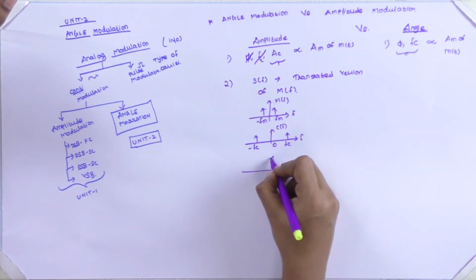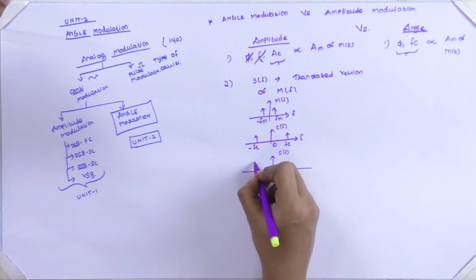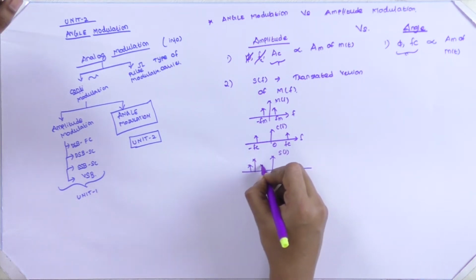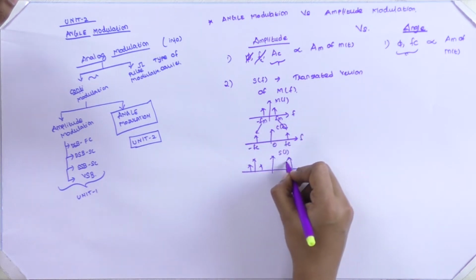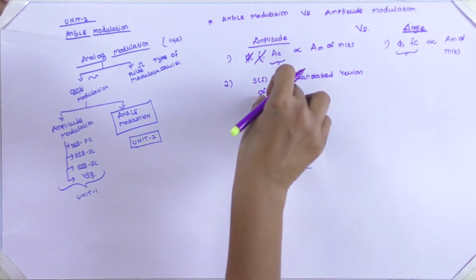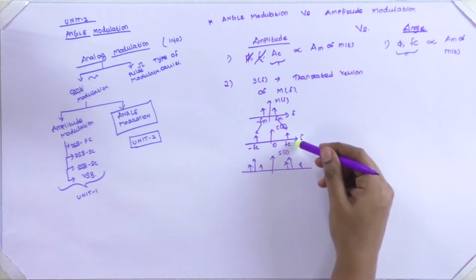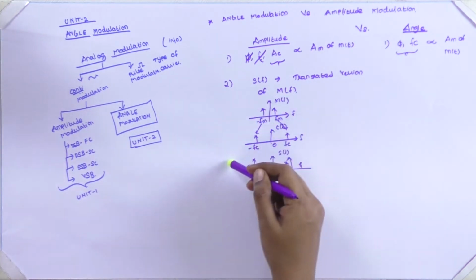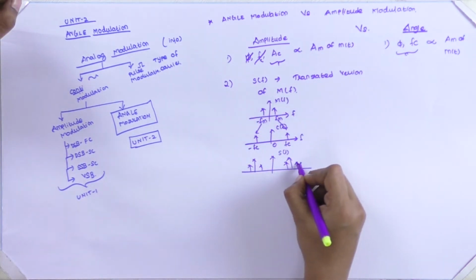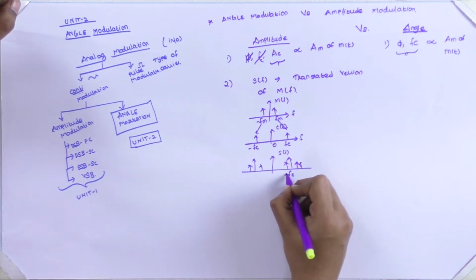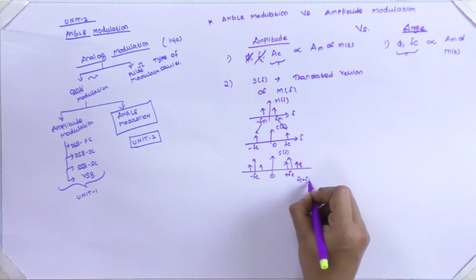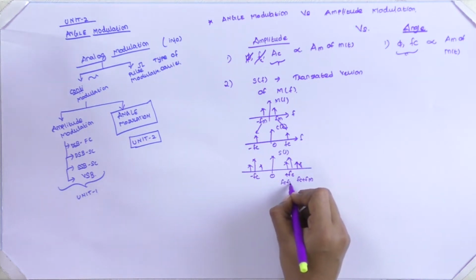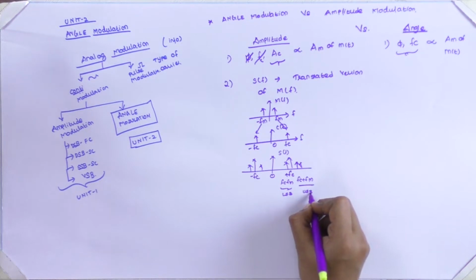So our translated signal S of f is shifted to here, and this shifted to here. The whole spectrum is shifted to fc and to minus fc. So our signal will be at minus fc and plus fc, with fc minus fm being our lower side band and fc plus fm our upper side band.